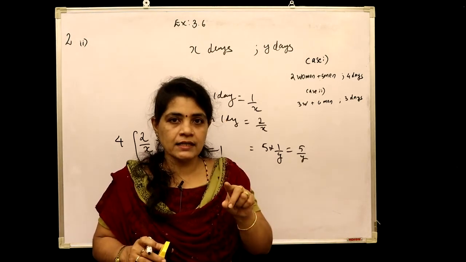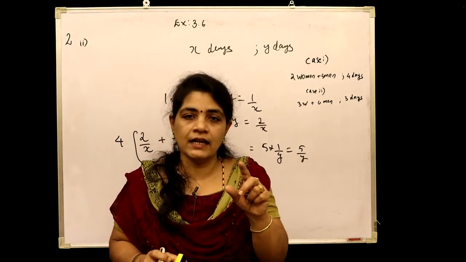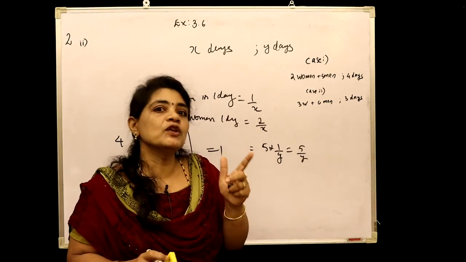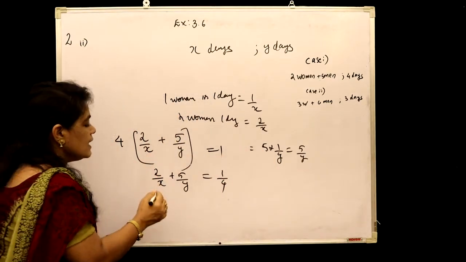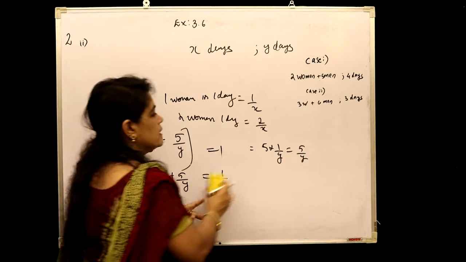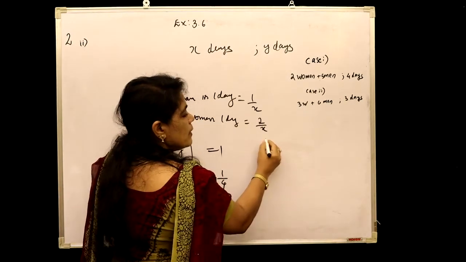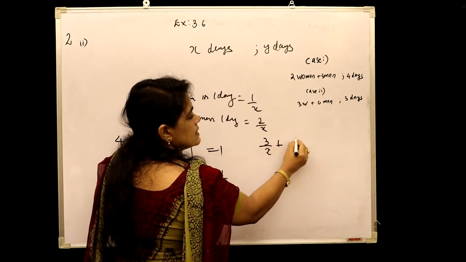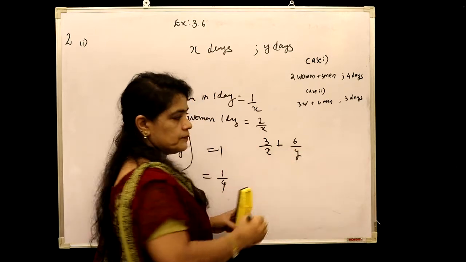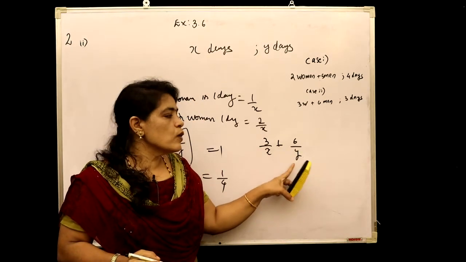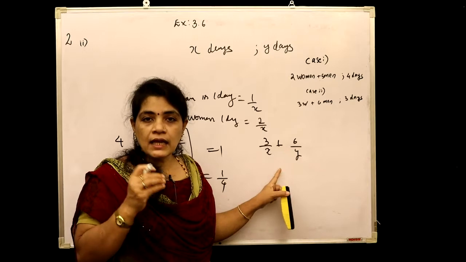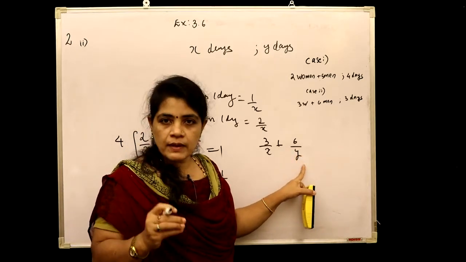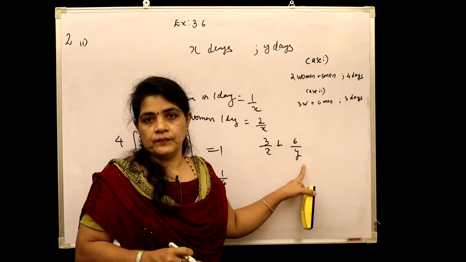Since 1/x is one woman's single day's work, 3 women's work is 3 into 1/x, that is 3/x. Here we can write 3/x plus 6/y. This is the work done by 3 women and 6 men in 1 day.